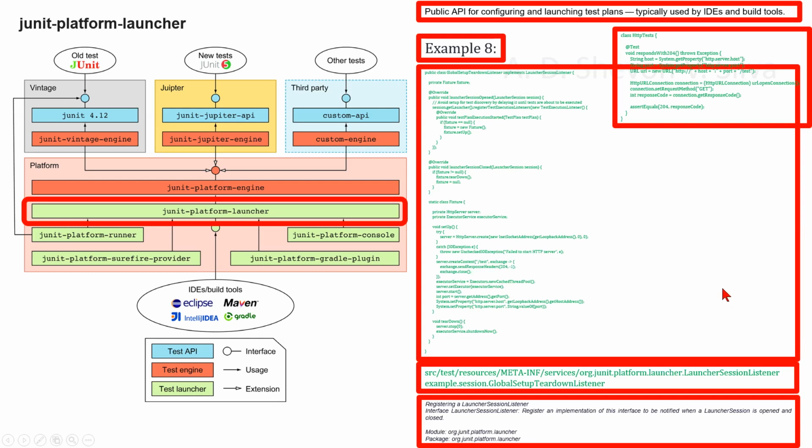In order for the listener to be picked up by the JUnit platform, you need to register it as a service by adding a resource file with the following name and content to your test runtime classpath.